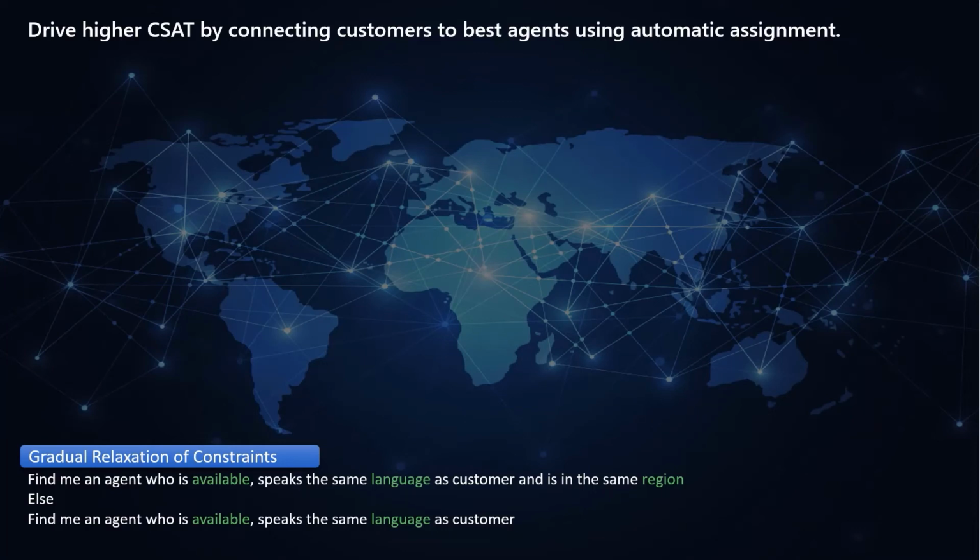Now let's look at why customers want the gradual relaxation of constraints. Most of the time, customers want the best agent, who matches exact criteria: all skills, location, presence, capacity, shift, and so on. But for obvious reasons, it is not always possible to find the agent who matches all of these. In some cases, it is prudent to relax one of these criteria and find the next best agent and move on.